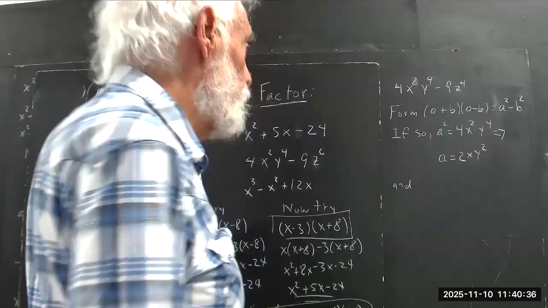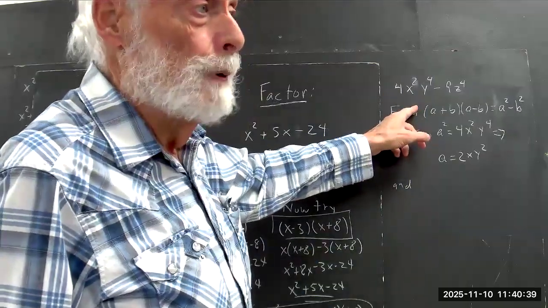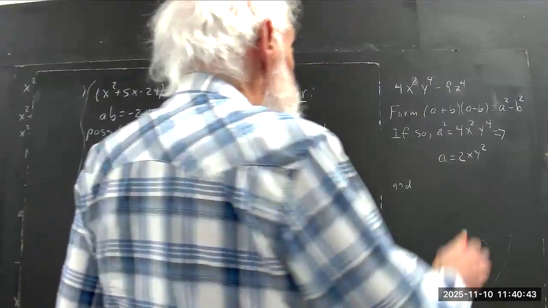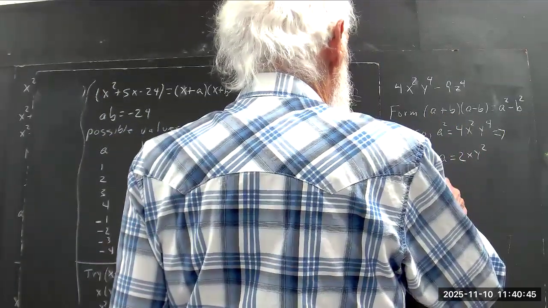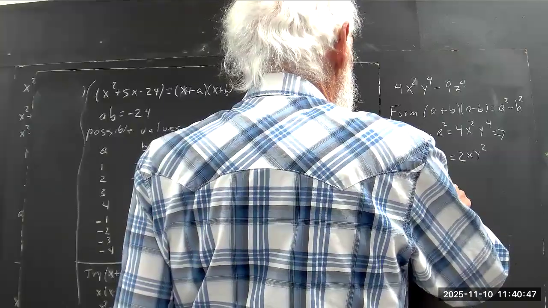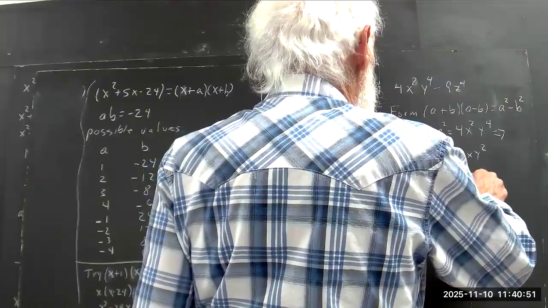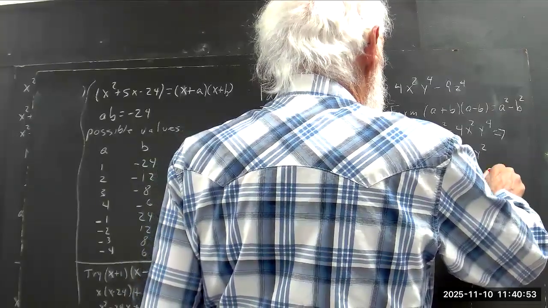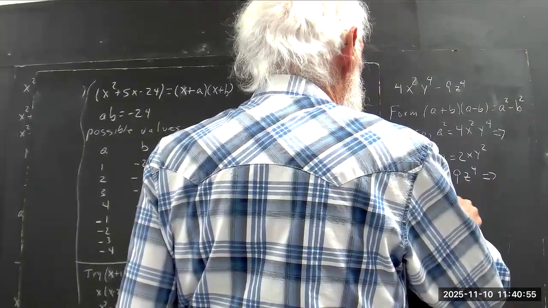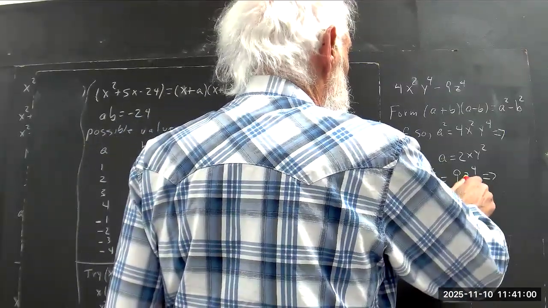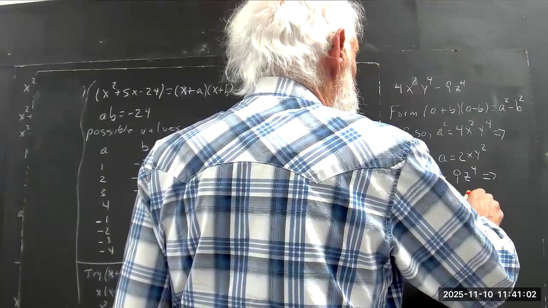So far we're okay. That's a perfect square of some other expression. And b squared equals 9z to the fourth, which implies that b equals, well, the square root of 9 is 3, the square root of z to the fourth is z squared.